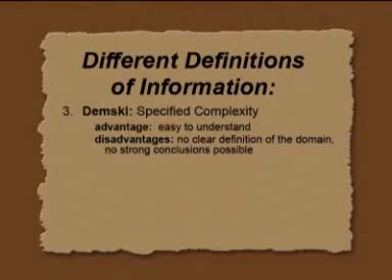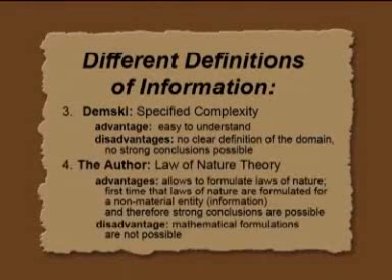Dembski has defined the specified complexity. It is a very good idea. The advantage is to understand systems which are made by intelligence. The disadvantage from Dembski is no clear definition of the domain, so no strong conclusions are possible. Therefore, I have another definition of information.